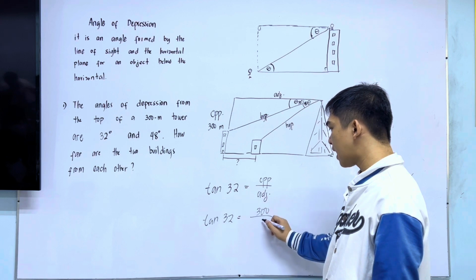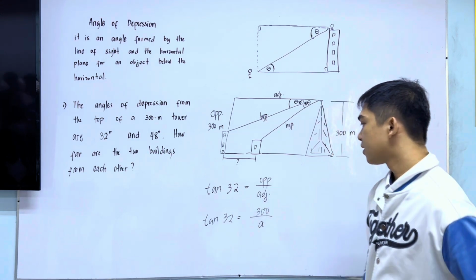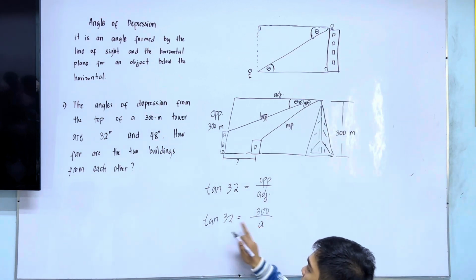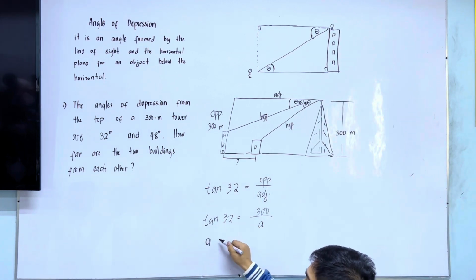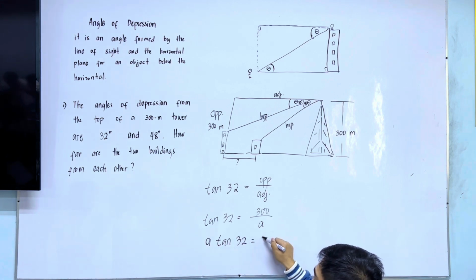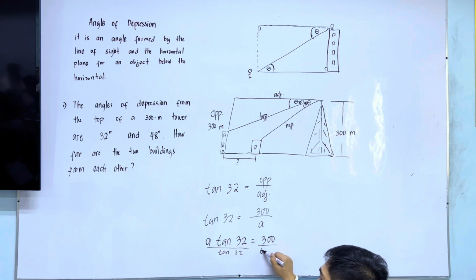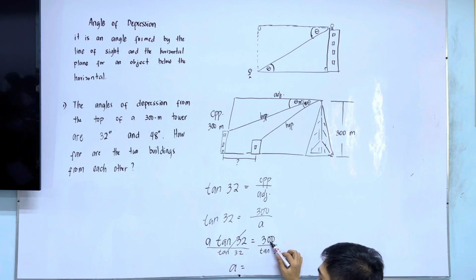Sabihin natin na A na lang siya. So, cross multiply, we have A times tangent 32 is equal to 300. To find A, i-divide natin ng tangent 32. Tangent 32 will be cancelled out. A is equal to 300 over tangent 32.